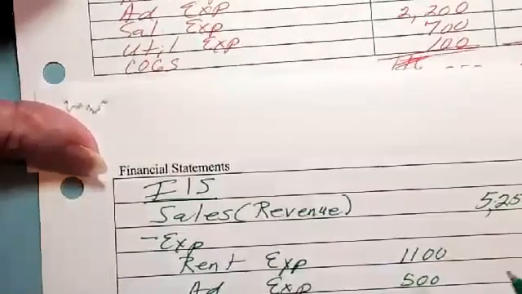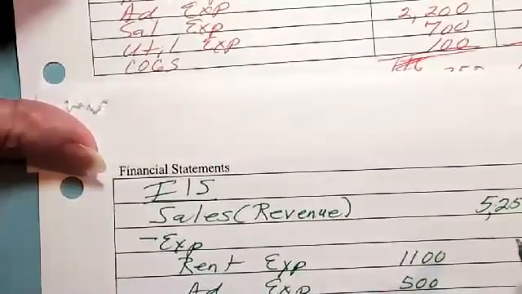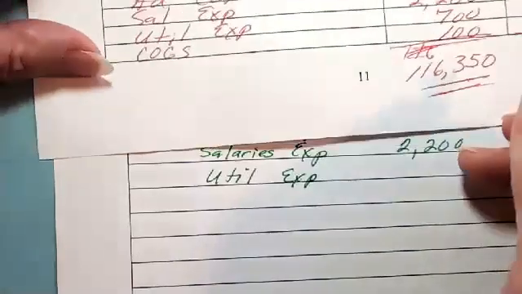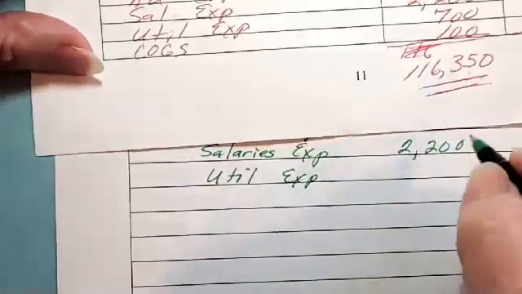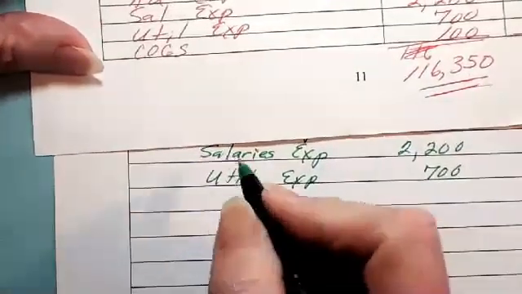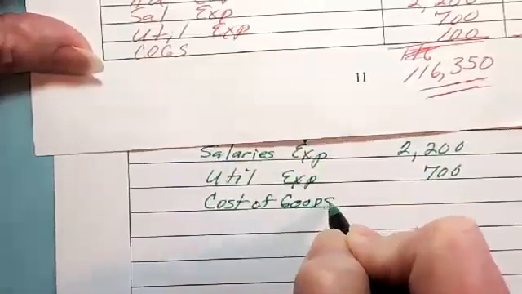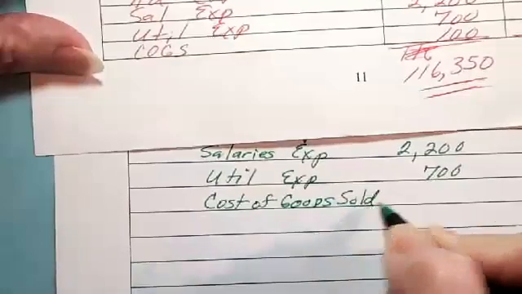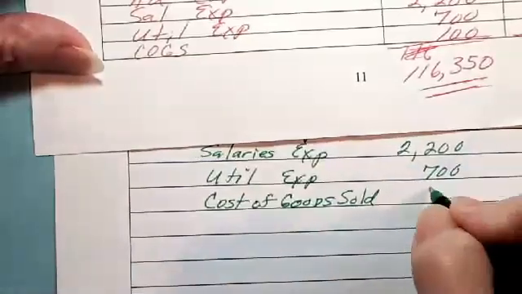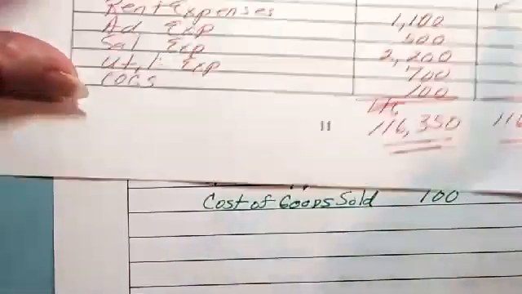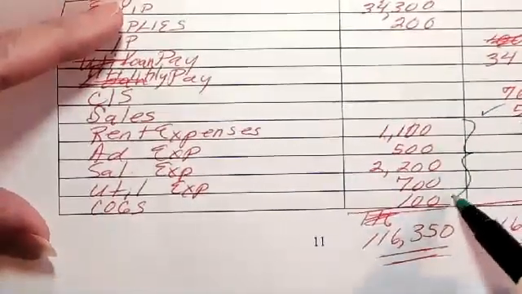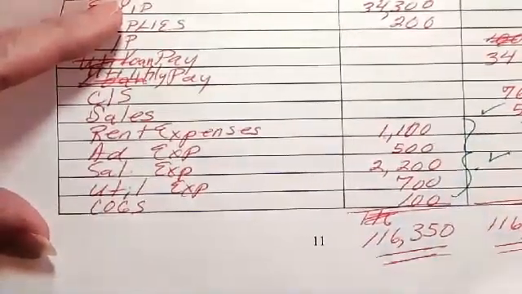We've got utilities expense of $700. And cost of goods sold. And we'll learn we really put that someplace special a lot of times. For now, this is fine, of $100. So that's just all of these from the trial balance we've taken care of.